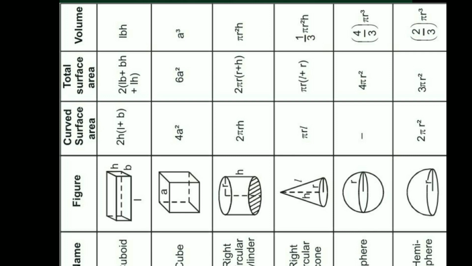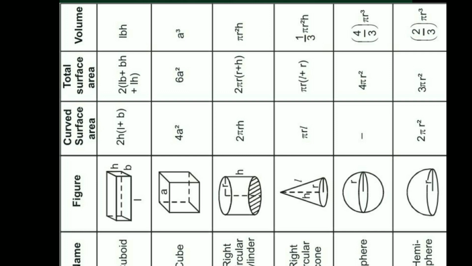Now frustum of cone. This is R1 and this is R2, this is slant height L, and this one is the height. So the curved surface area will be pi into R1 plus R2 into L, and the total surface area will be pi into R1 plus R2 into L plus pi R1 square plus pi R2 square.